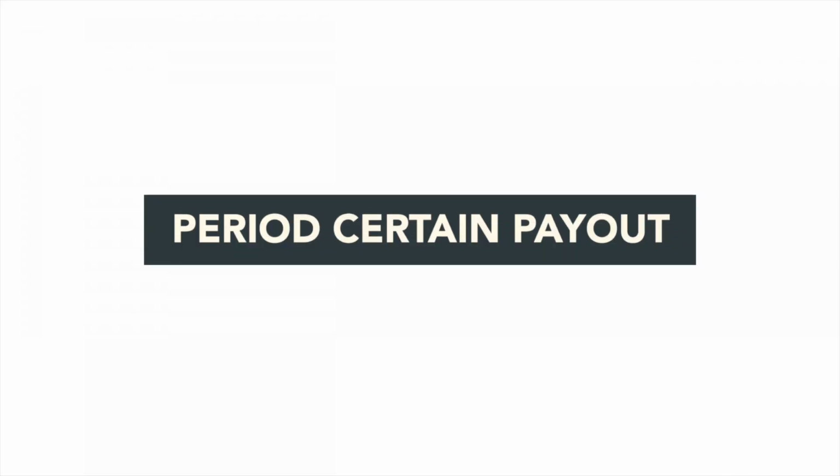Typically, the first payout option that is available to you in an annuity is what's called a period certain payout. In that period certain payout, you're deciding when starting your guaranteed retirement income that you're going to have a period certain, so maybe 5 years or 10 years, a certain period of time in which you receive your guaranteed retirement income.